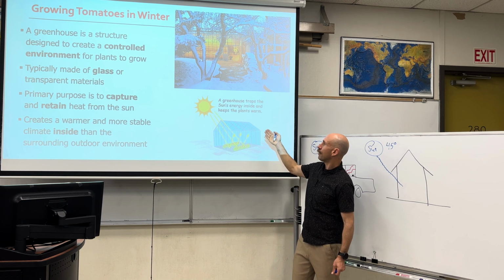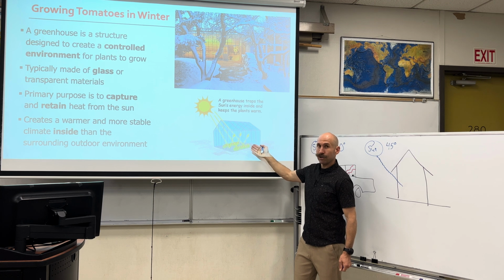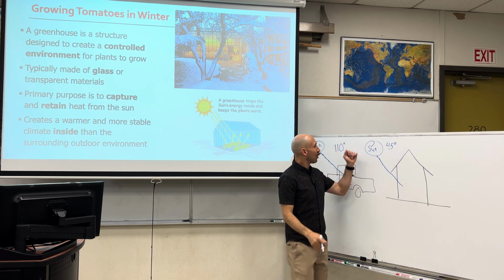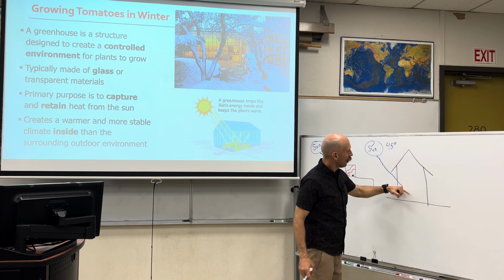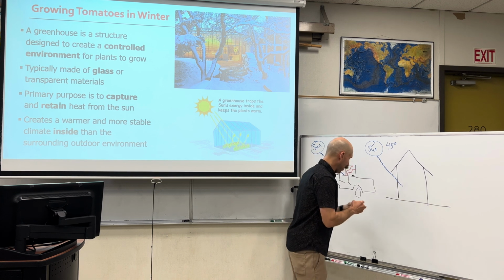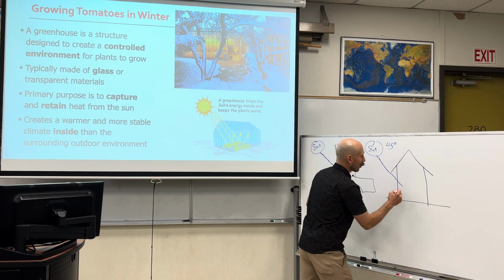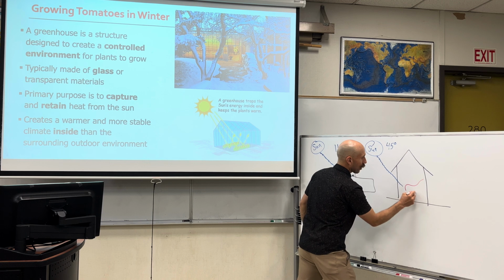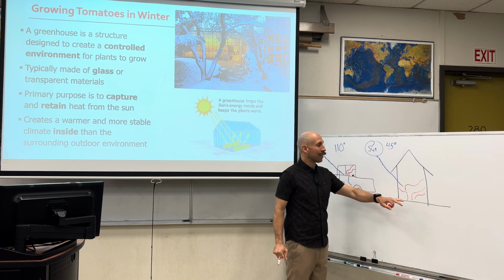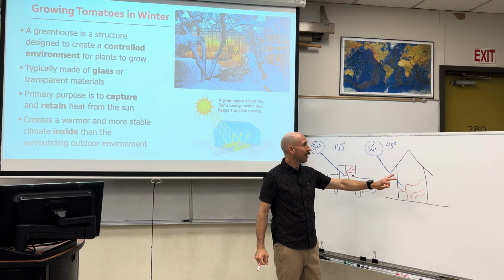And so we need a warmer temperature in order to grow these plants. So energy from the sun heats up inside of the greenhouse, but then inside of the greenhouse, the plants and the earth are releasing heat, but that heat cannot escape.